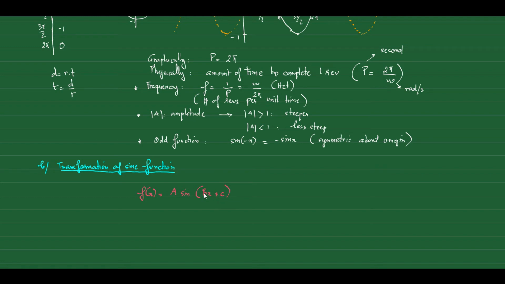The b value is horizontal compression or stretching. And the k number means the function will be moved up or down, so this is vertical shifting.